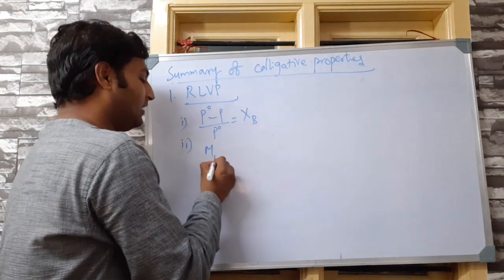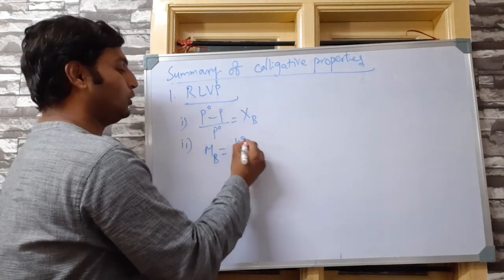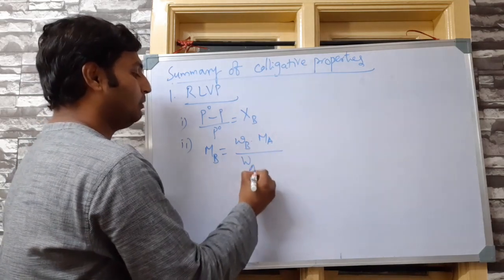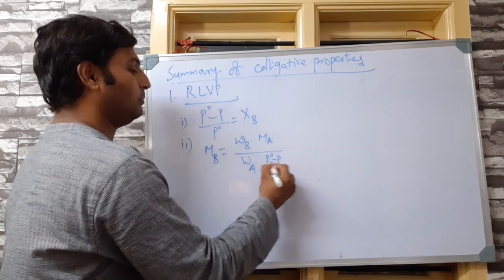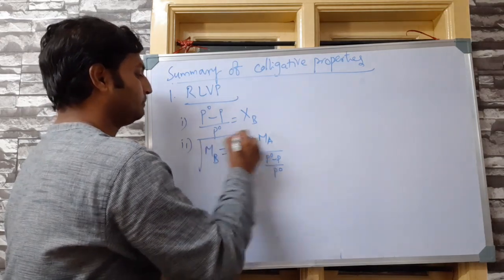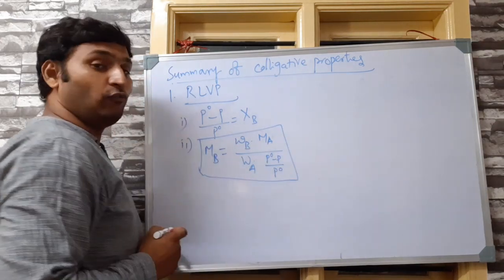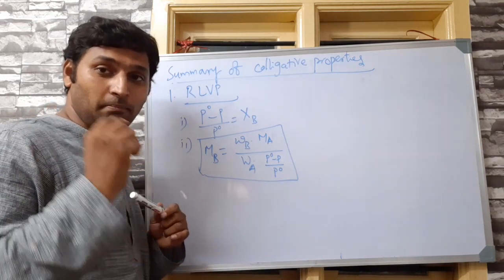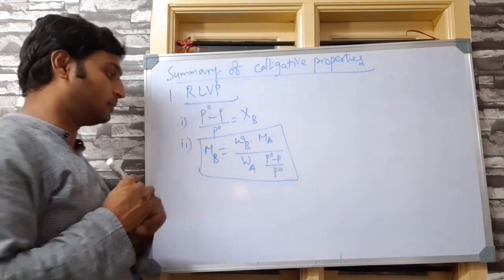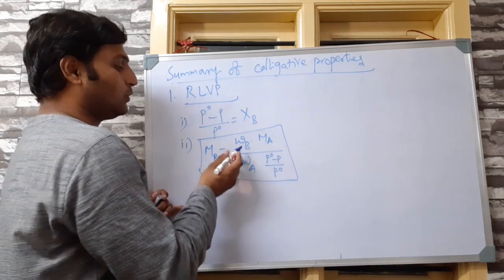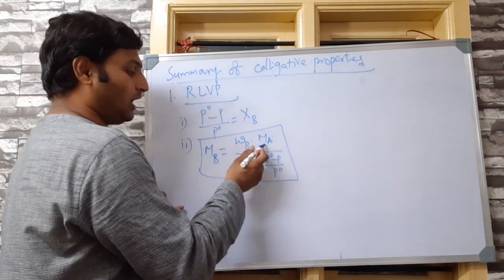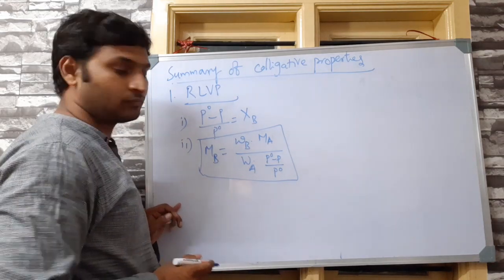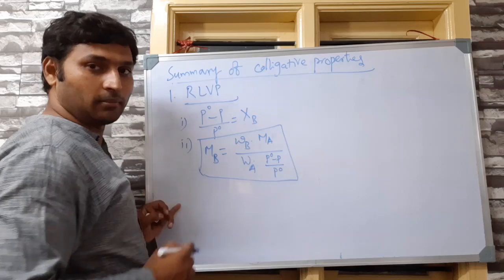Using that, you arrived at an expression MB is equal to WB into MA by WA into RLVP, (P0 minus P) by P0. So here, I insist again, when you are practicing the formulae, practice along with the meanings of the terms present here. So, molar mass of solute is equal to weight of solute into molar mass of solvent divided by weight of solvent into RLVP. Like that, we will be determining molar mass.